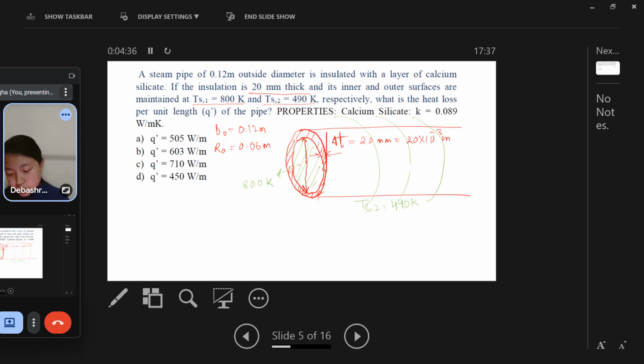Then what is the heat loss per unit length, that is Q dash of the pipe? For calcium silicate, the thermal conductivity is given to be 0.089.